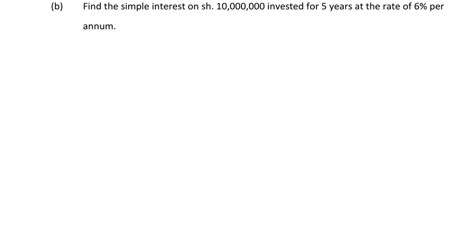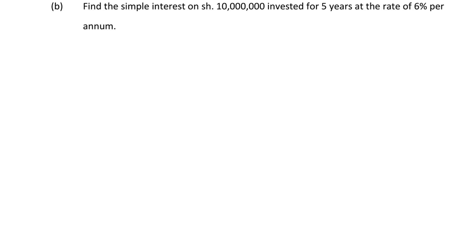Part B of the question, find the simple interest on shillings 10 million invested for 5 years at the rate of 6% per annum. Okay, so this is the simple interest problem.